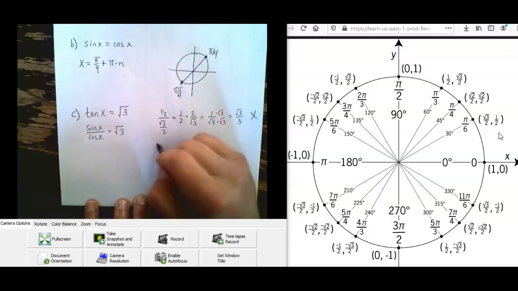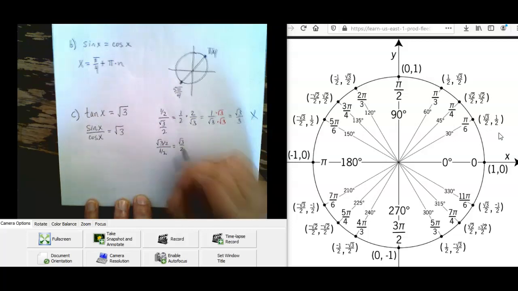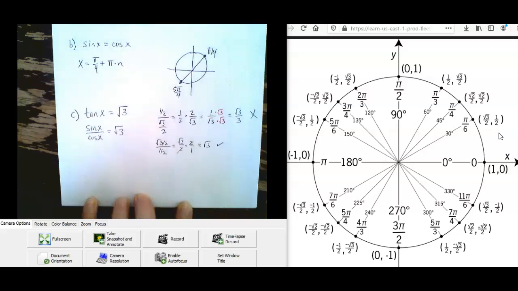Let's see if we divide the square root of 3 over 2 by 1/2, do we get what we're looking for? Well, let's divide root 3 over 2 times our reciprocal, 2 over 1, which is the square root of 3. So that's what we're looking for. We're looking for all the points along the unit circle such that the sine is the square root of 3 over 2 and the cosine is 1/2.